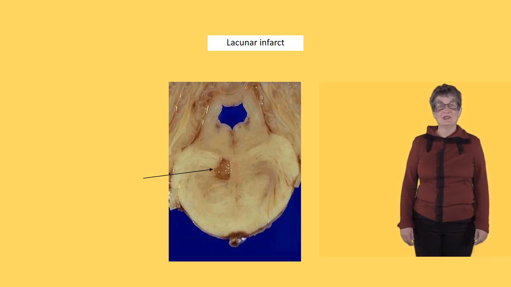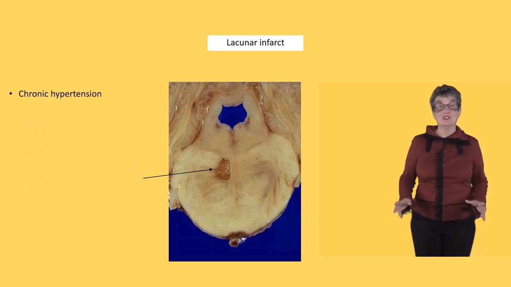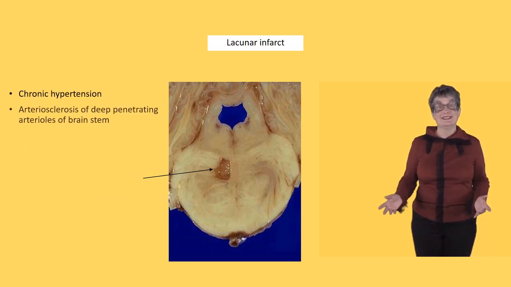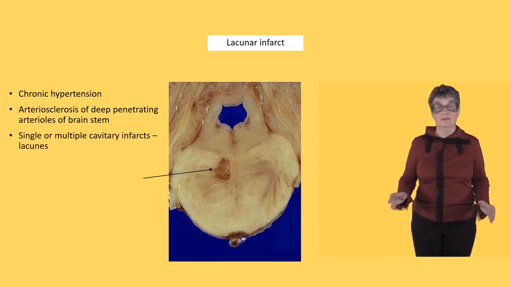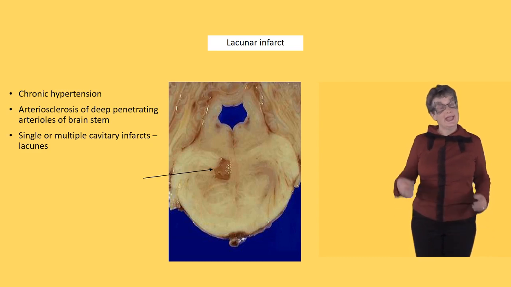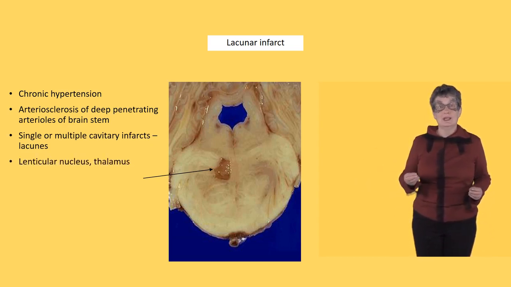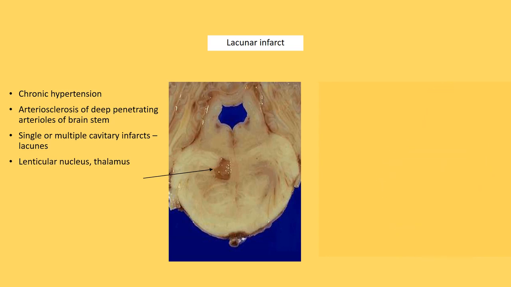Chronic hypertension can also lead to arteriolosclerosis of the deep penetrating arterioles of the brainstem. This can cause little tiny infarcts called lacunar infarcts. They occur here in the pons, but also in the basal nuclei, such as the lenticular nucleus and the thalamus.